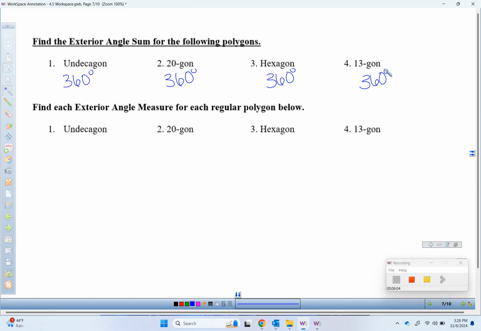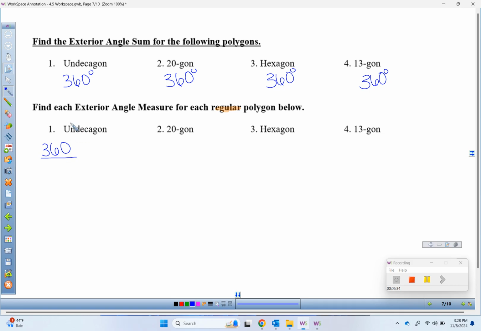Now it wants us to find the exterior angle measure for each regular polygon below. Okay? So we know these are regular, and it wants to know the exterior angle measure, so each separate angle. If we know the exterior angle measures sum to 360, and this is regular, meaning all of the angles are going to be the same, we can simply divide this by the number of angles it's going to have.